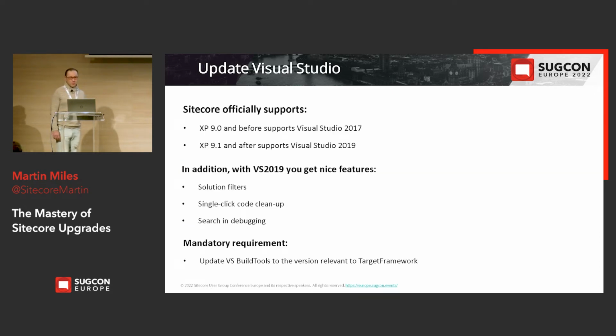And of course, to benefit from the extension you may want to use for upgrading the target framework, you need to upgrade Visual Studio. And last but most important is that the Visual Studio build tools are what you mandatorily need to update to benefit from the latest target framework.